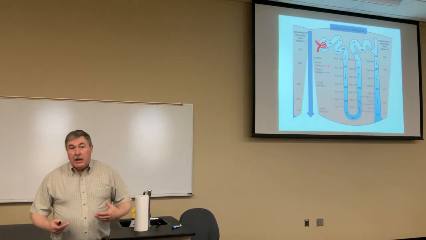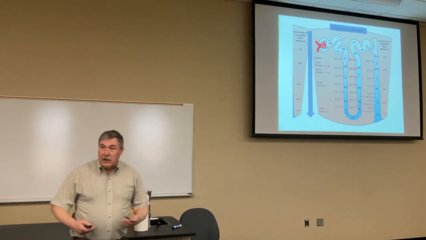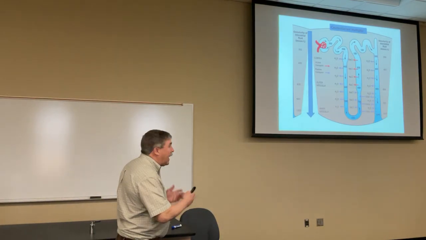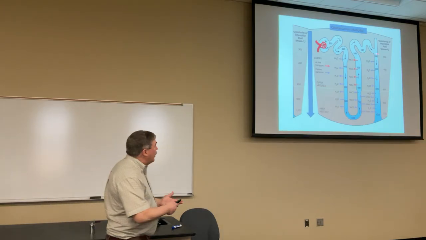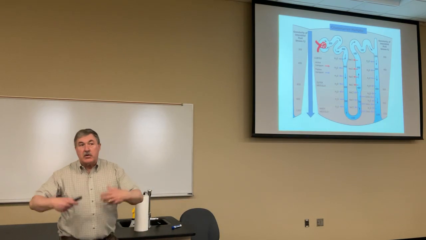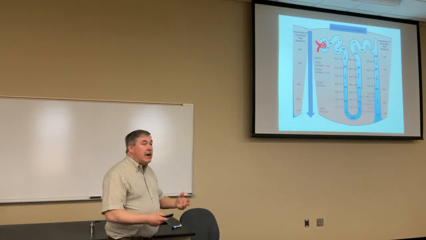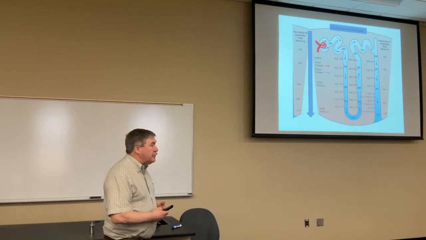But if we're overhydrated because we've been drinking lots and lots of water, then not very much water will be reabsorbed at all. And so whatever's not reabsorbed is going to be excreted in our urine. So we'll produce larger volumes of urine to bring the osmolarity of our body fluids back to normal.